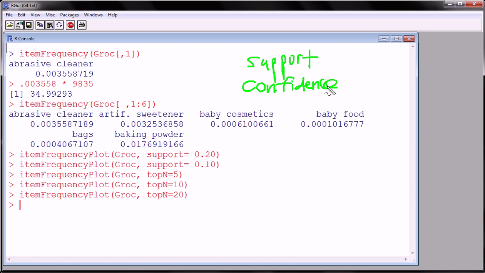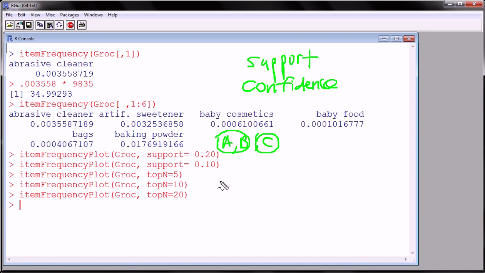So if I buy item A and item B, how likely is it that I'll also buy item C? The confidence of A, B implying C is how likely it is that, given I bought A and B, I'll also buy C.